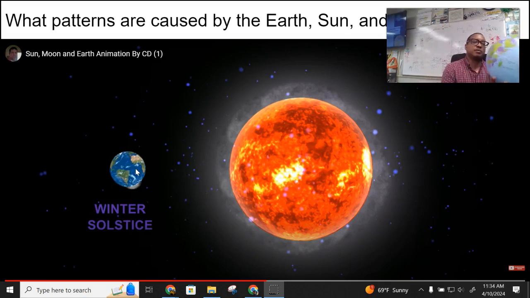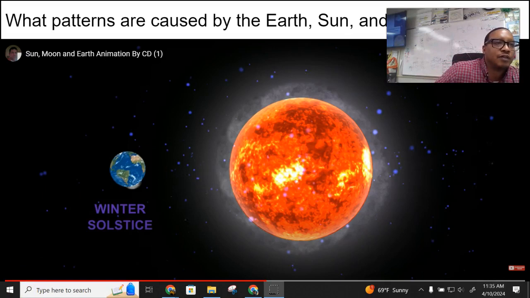But the southern hemisphere, since it is closer to the sun, is in the summertime. So North America around this time in December is in the winter, but South America, because it is closer to the sun, is going to be in the summer, right? And that gives us our seasonality because of the Earth's tilt.